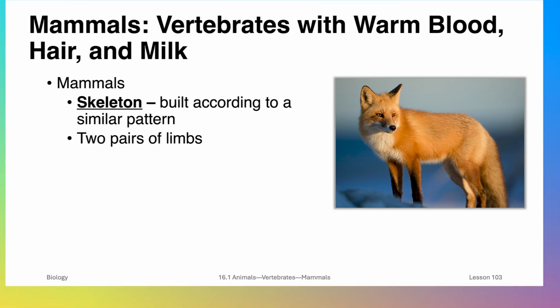They always have two pairs of limbs, and in some it's arms and legs, and in others it's four legs. They all have some hair to some degree, and the females produce milk for the young. And this milk is produced by a special gland called a mammary gland.